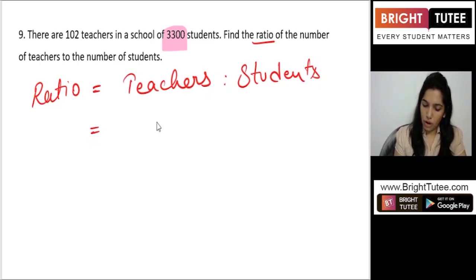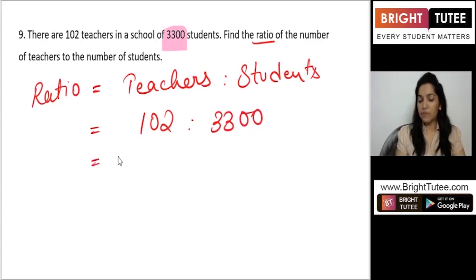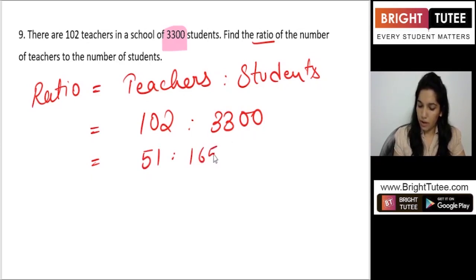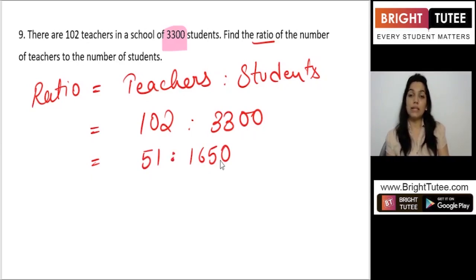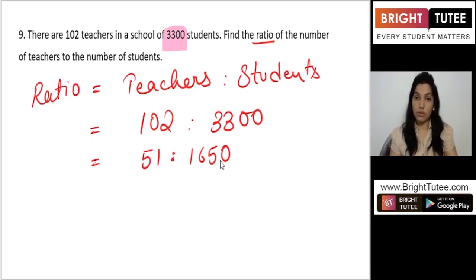This is equal to how many teachers are given? 102, and how many students? It is 3,300. Clearly we can divide both these numbers by 2. So this will be 51, and here it will be 1650. So for every 1,650 students, 51 teachers are available.